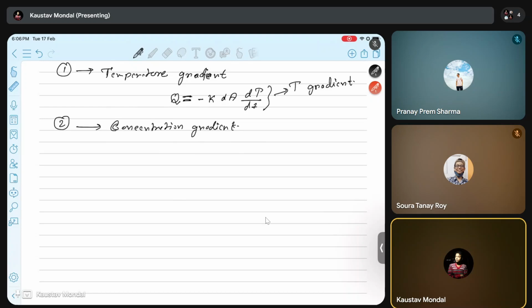Here the flux of the gas molecule or fluid molecule, whatever it is, is denoted by J, and that is related to the concentration gradient via this equation, J equals minus D dA, where dA is a small area, into dN dz. So dN dz is the concentration gradient.